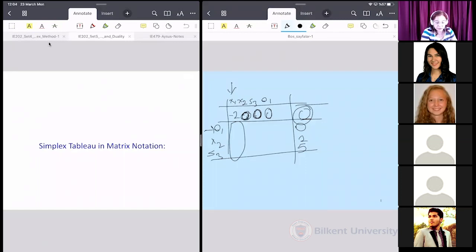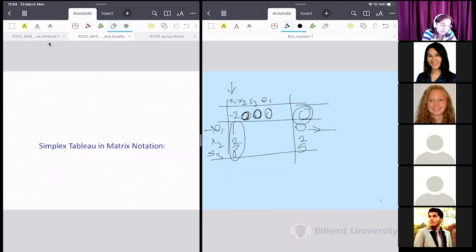Because this is 0, if A1 enters the ratio test, it will always be the winning variable. So you look, it has to have a 1 in here. Let's say this guy has a 2, this guy has an 8. If you look, 0 over 1, so A1 will leave and X1 will enter.